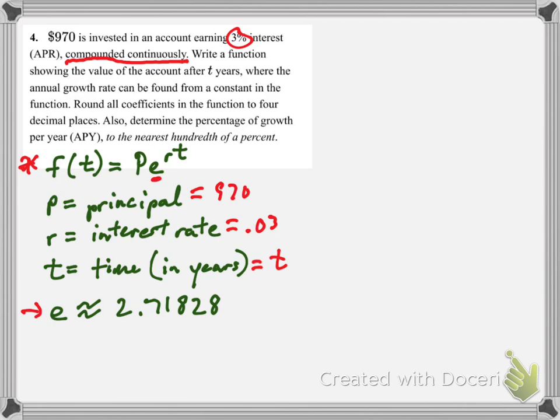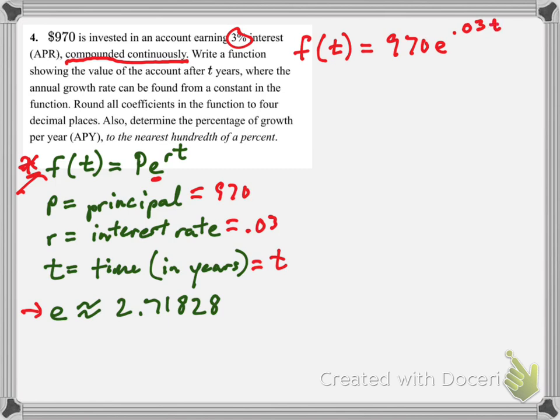So anytime it says compounded continuously, you're going to use that formula. So f of t equals 970 e to the 0.03t power.